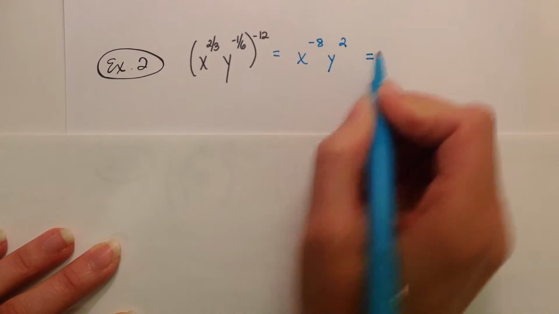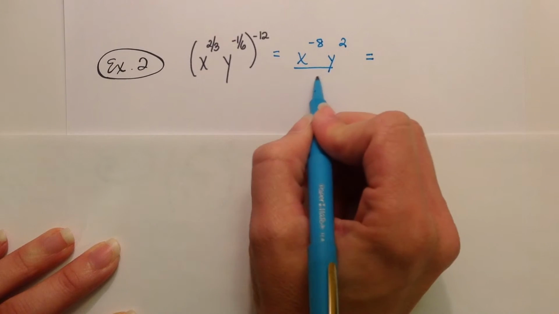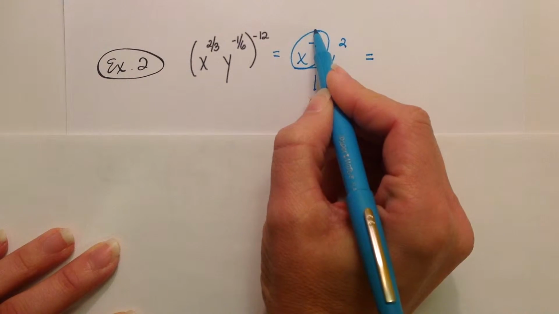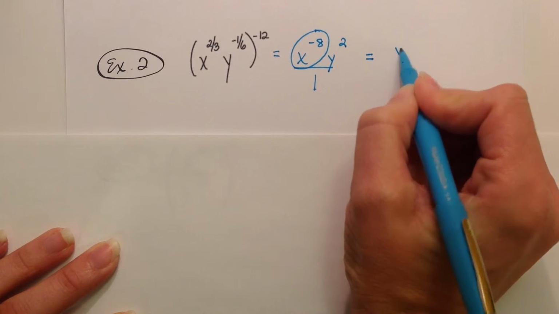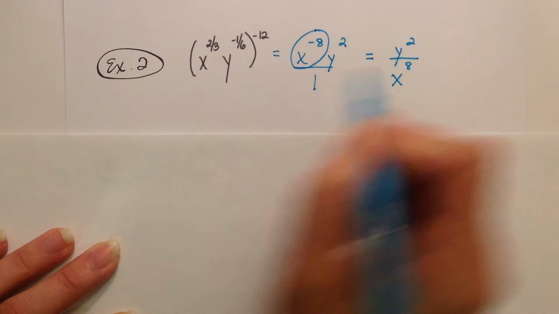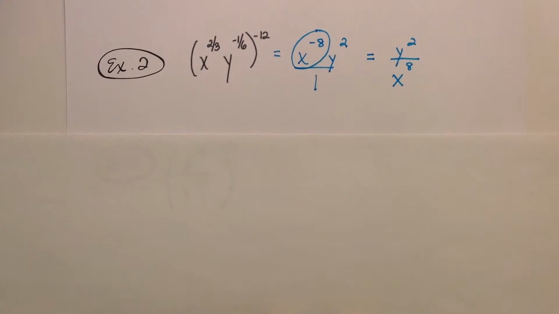Now again, I've got to do a step here of rewriting because I have the negative exponent. All of this is understood to be over 1. This will be the only part that you're going to move. You leave this on the top, and when I move x to the -8 to the bottom, that's going to cause the sign of the exponent to change to positive. Okay, the next one.